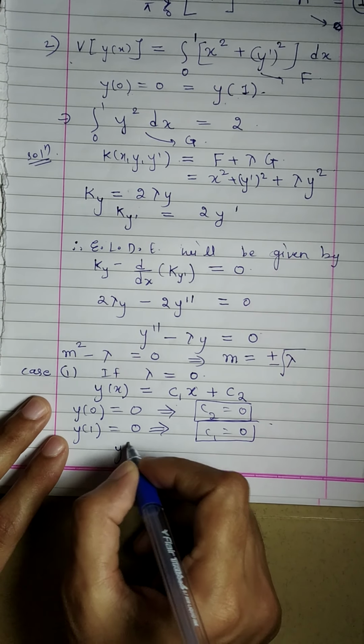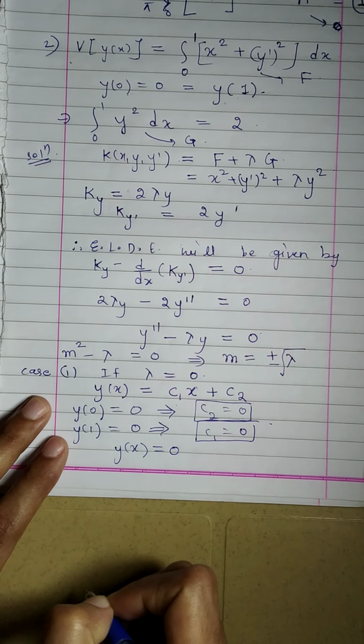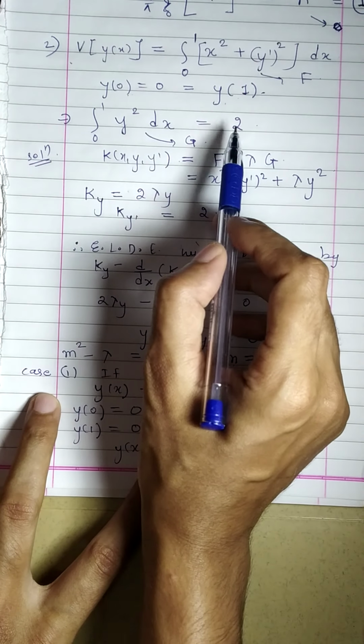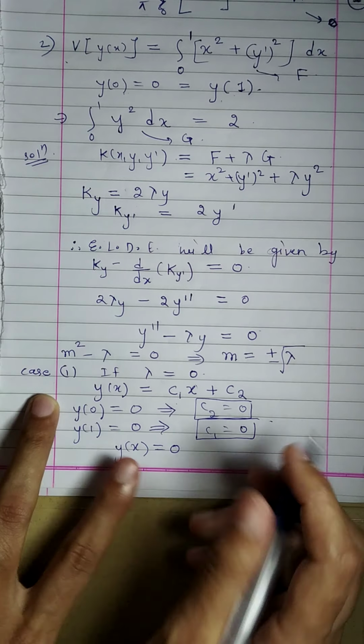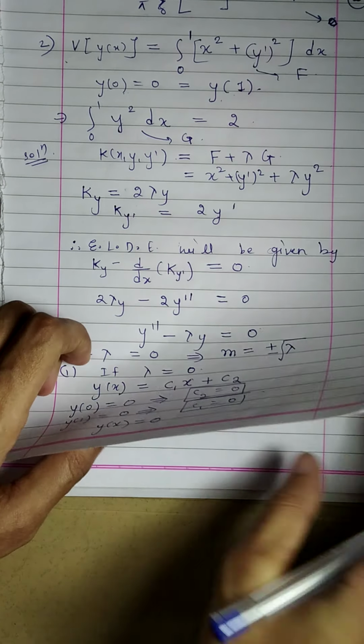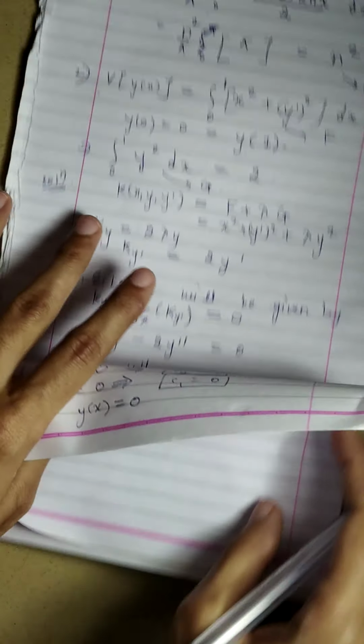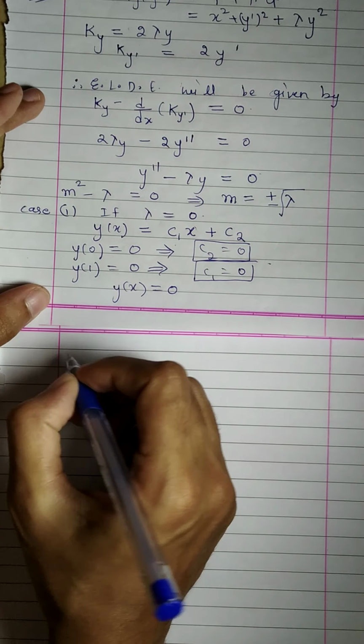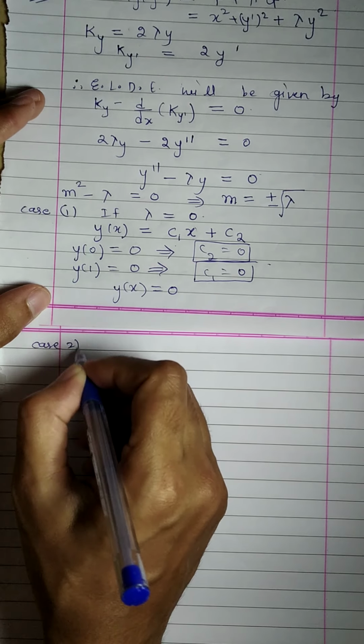Therefore y of x is equal to 0, and clearly it will not satisfy this isoperimetric condition. Therefore we take the next case.